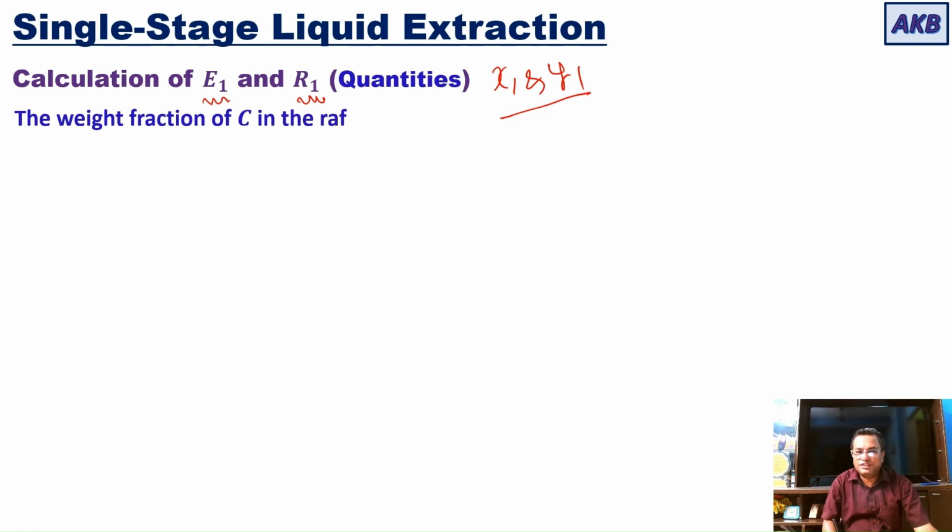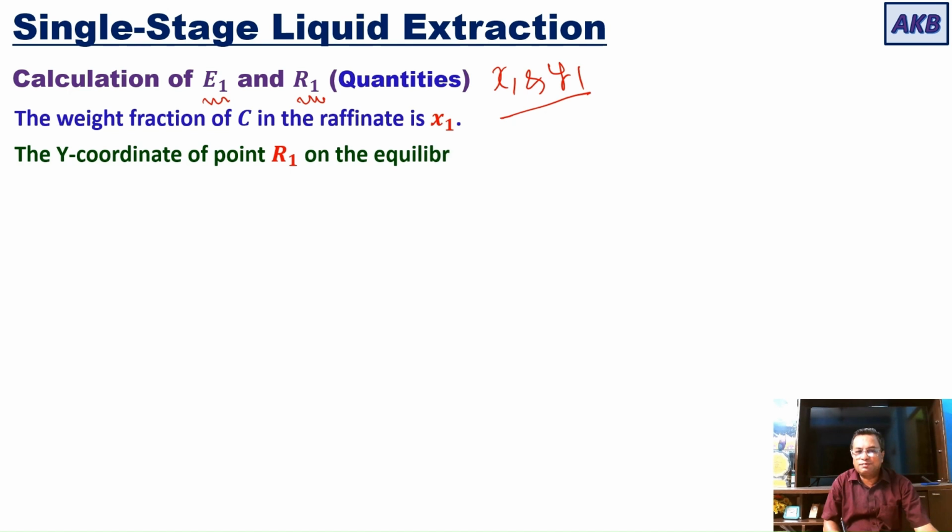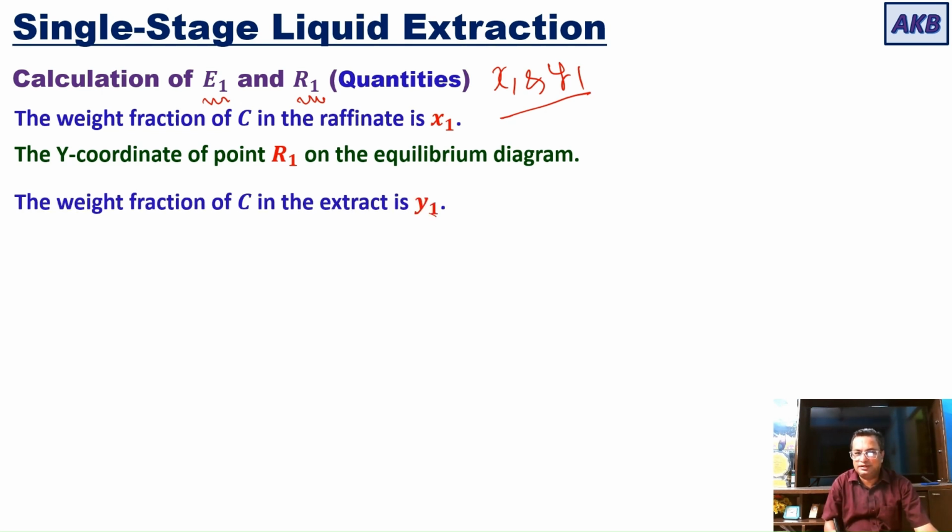The weight fraction of C in the raffinate is x1, as I told you. That means the y-coordinate of point R1 on the equilibrium diagram is x1, whereas the weight fraction of C in the extract phase is y1.